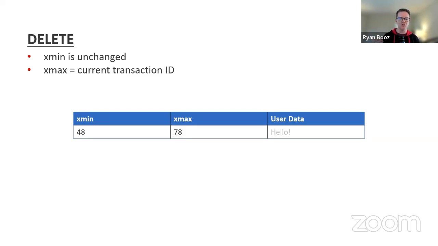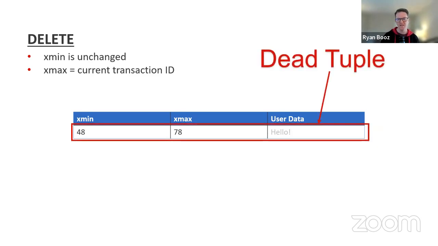And now Postgres can look at this row as it reads data to satisfy the next query and say, wait a second, if xmax is older than me or younger than me, I guess, that data is expired. I shouldn't use that data, right? It's old data now. And what we call that is a dead tuple.